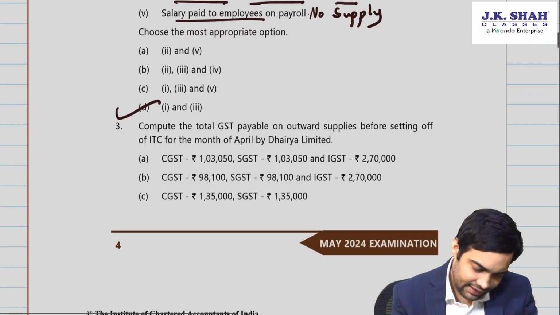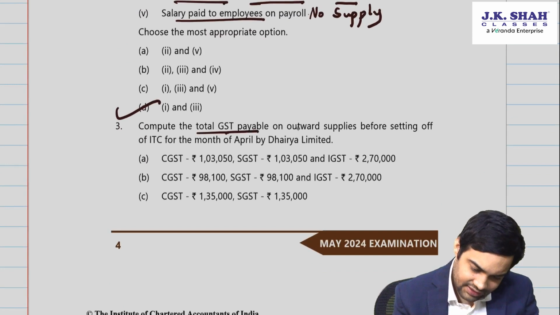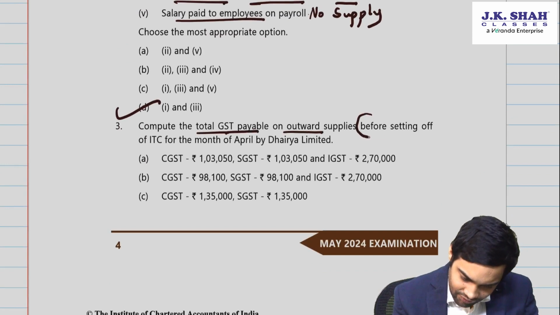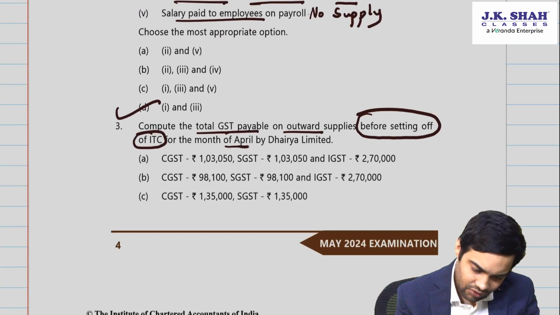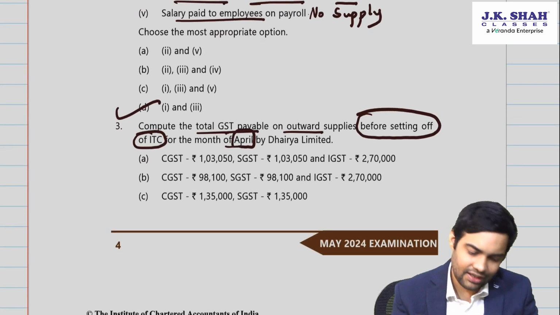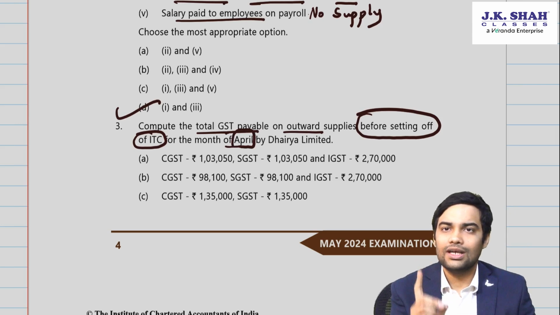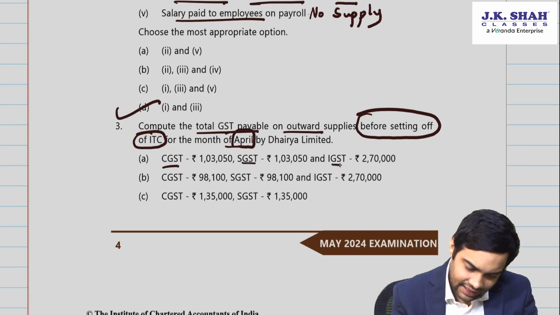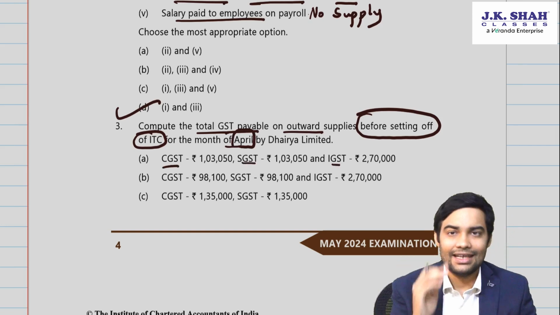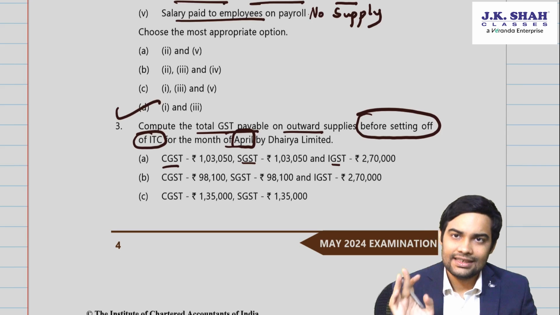Then comes: compute total GST payable on outward supply before setting off ITC for the month of April. So for April we need to determine outward GST payable, and CSGST and IGST options are given separately. That means we will have to do the computation separately.